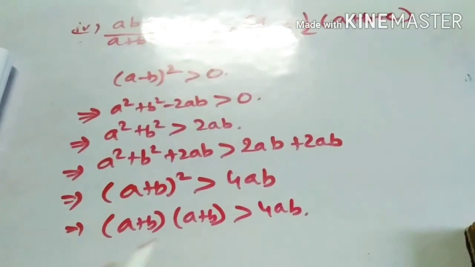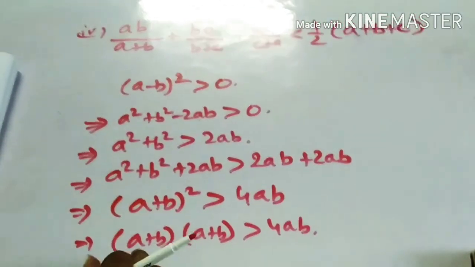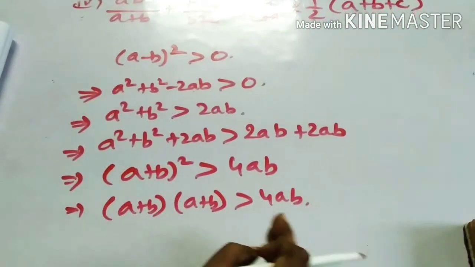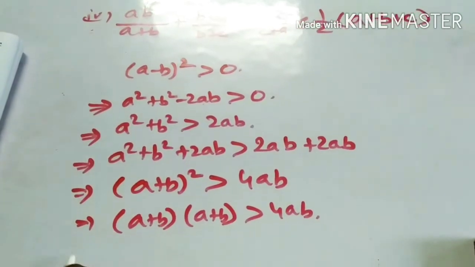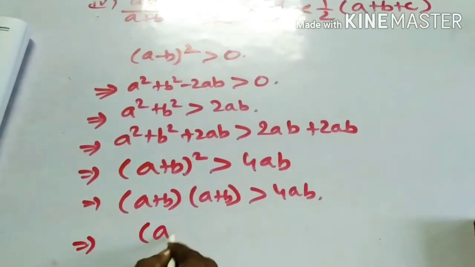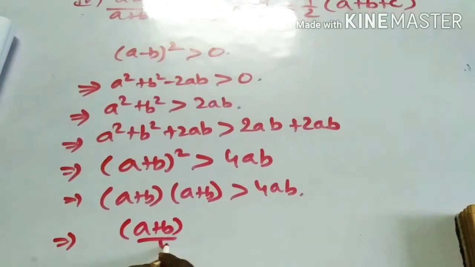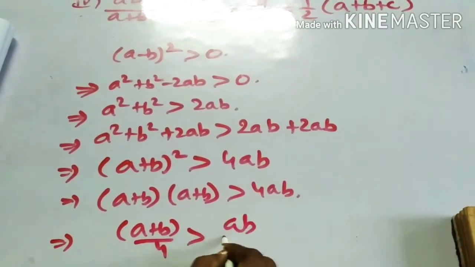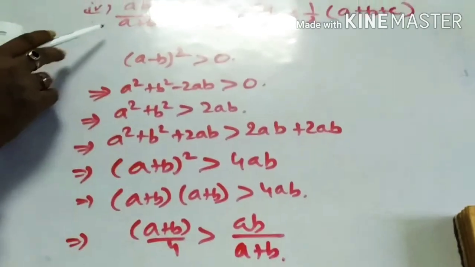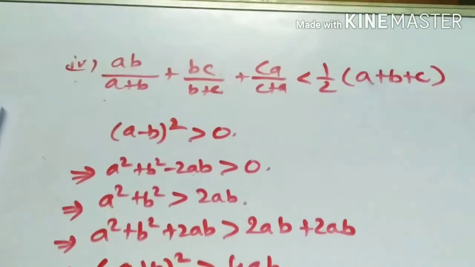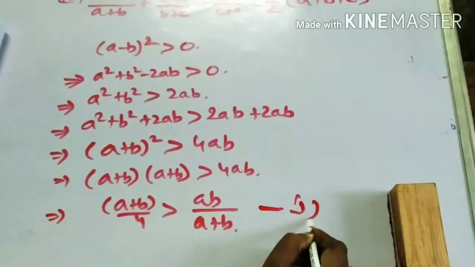Here I can do one thing: this one A plus B, I am moving to the right side and 4 to the left side. So this will become (A plus B) by 4 greater than AB by (A plus B). So this is equation 1.